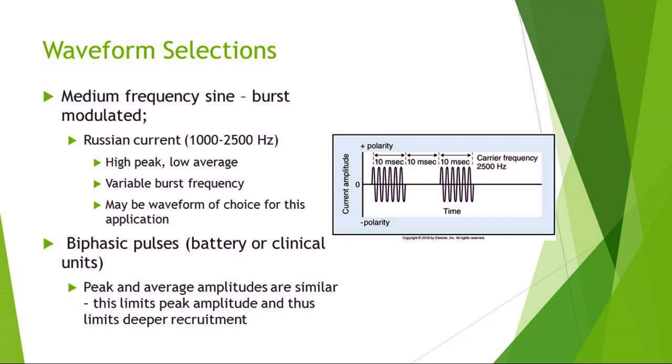So the battery units, or clinical units like the plug-in-to-the-wall sort of units, also have pulsed current. And the peak and average amplitudes are similar, whether battery or clinical units, and it limits the peak amplitude and limits deeper recruitment. So that's one of the reasons why people like Russian stim, because it's supposed to have deeper muscle recruitment, but again, your mileage may vary.